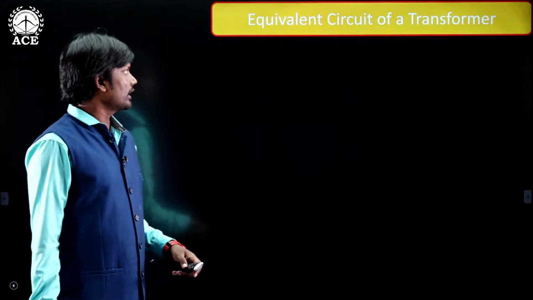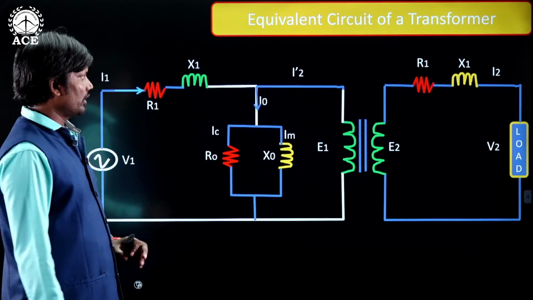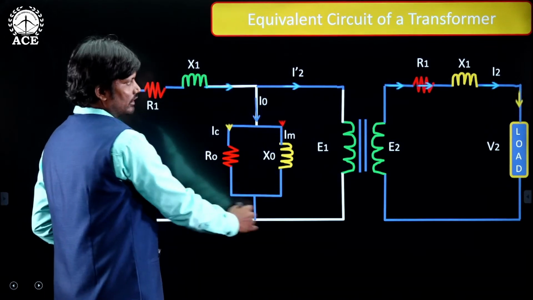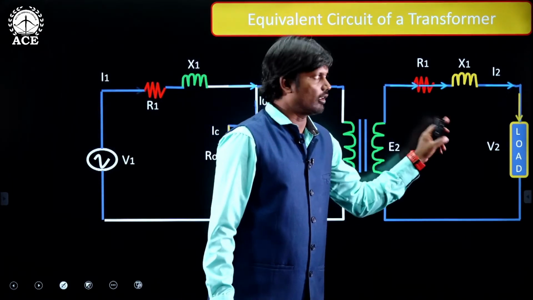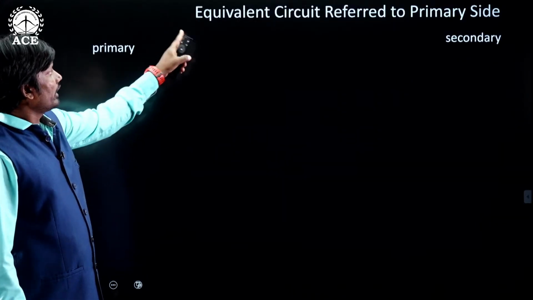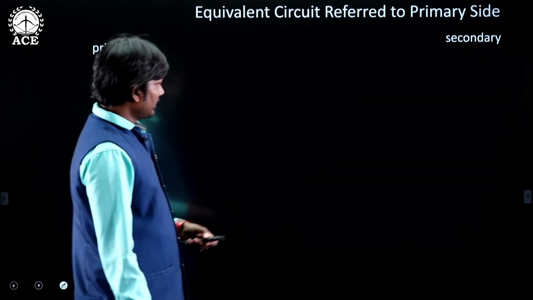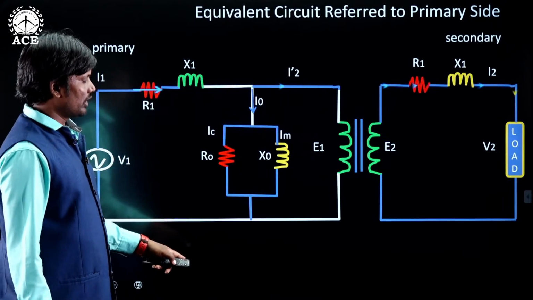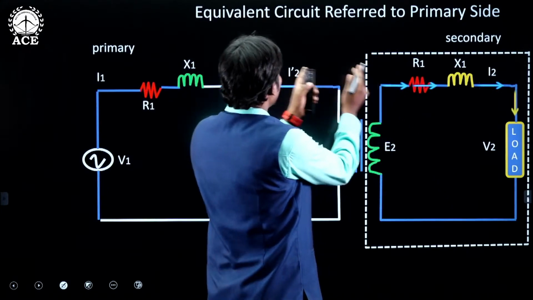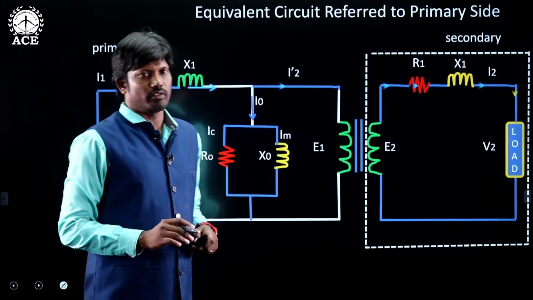Therefore, the equivalent circuit of a transformer is as shown in the figure. This is the primary side and this is the secondary side of a transformer. Now, the equivalent circuit referred to the primary side: all the values of the secondary side are transferred to the primary side, and under this condition we will draw the equivalent circuit of a transformer.